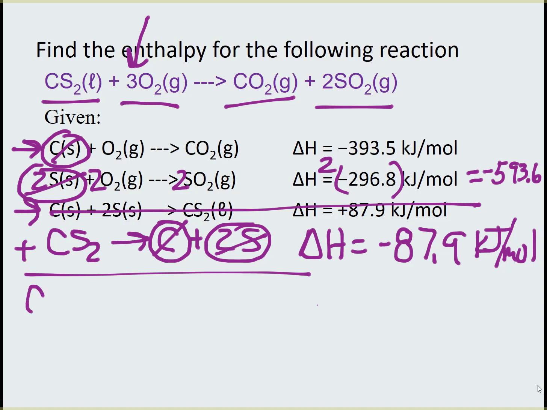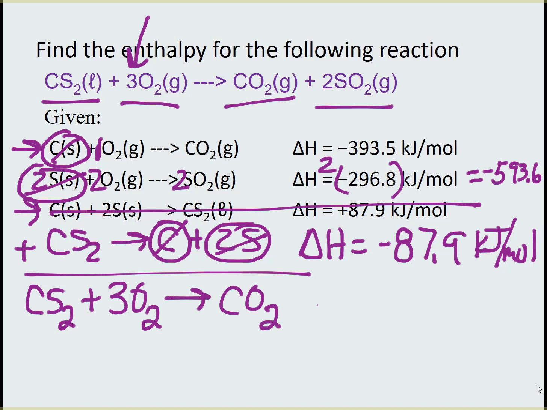So we have CS2 plus, and I'm going to add up those 2 oxygens, or 3 oxygens. And then I have CO2 and 2 SO2. So adding these 3 equations and changing their delta H's, because I got the target equation, I should be able to add up those enthalpies and get my final answer.